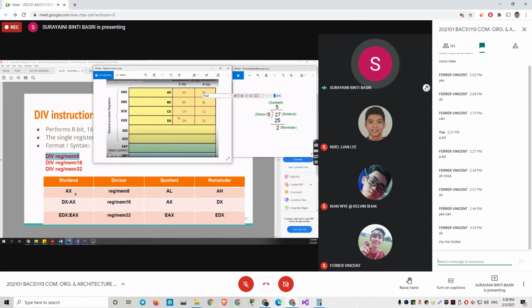So you need to put something in your AX first. For 8-bit division, the remainder will be stored in AH.